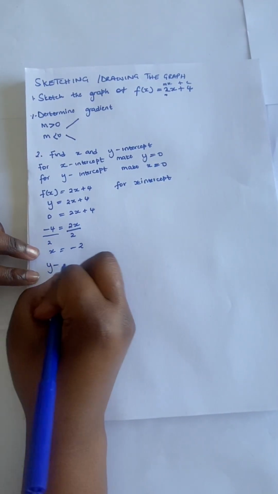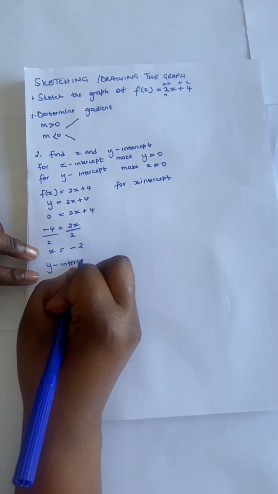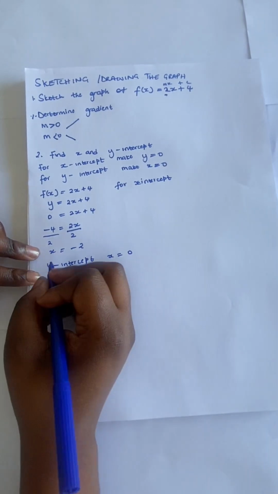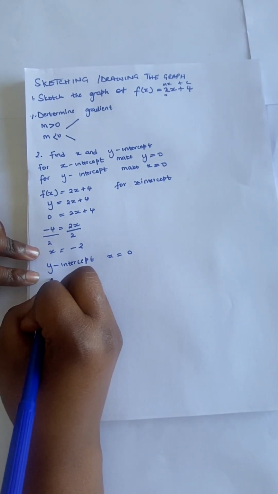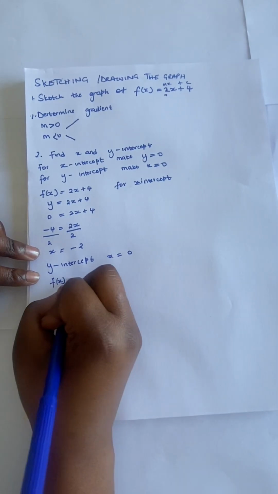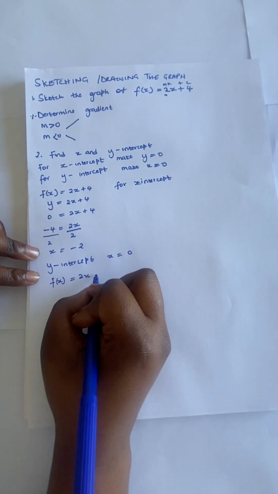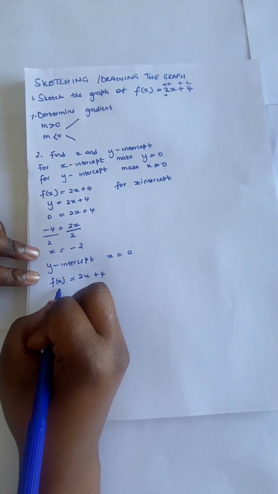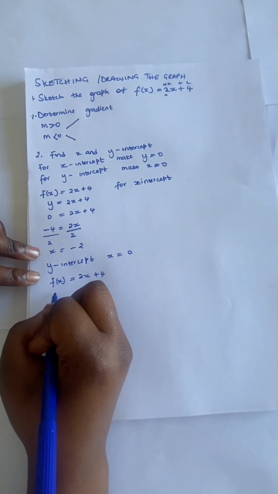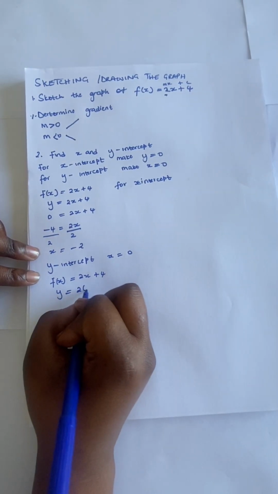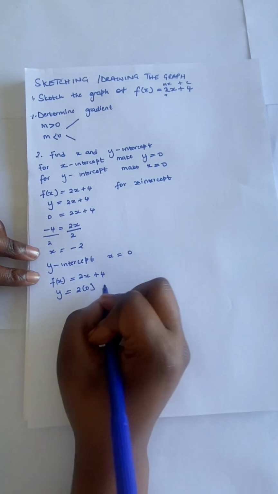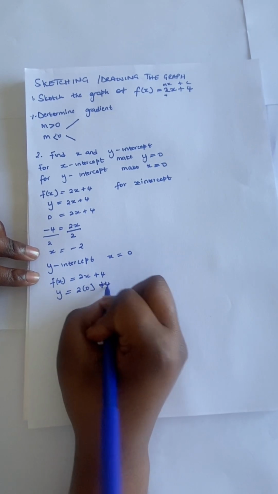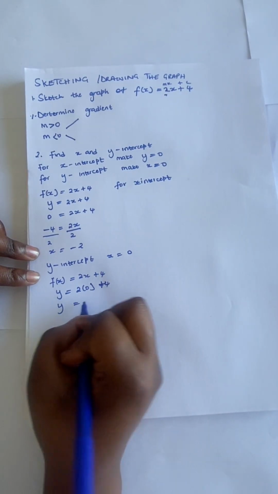For the y-intercept, x is equal to 0, right? So again, you write your formula, and this is your y. You make your x equal to 0, and then y will be equal to 4.